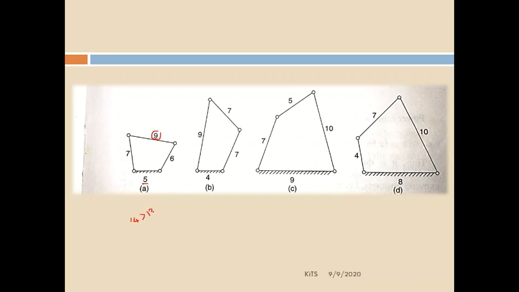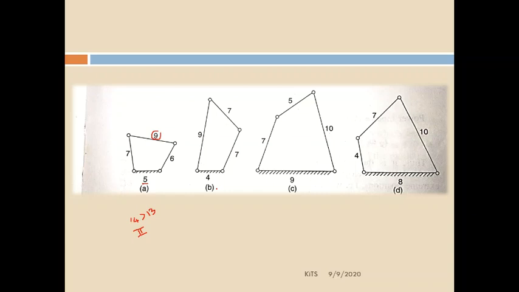So the sum of the shortest and longest link length is higher than the sum of the remaining link lengths. So it is not obeying Grashof's law, and we have to call this a class 2 mechanism.